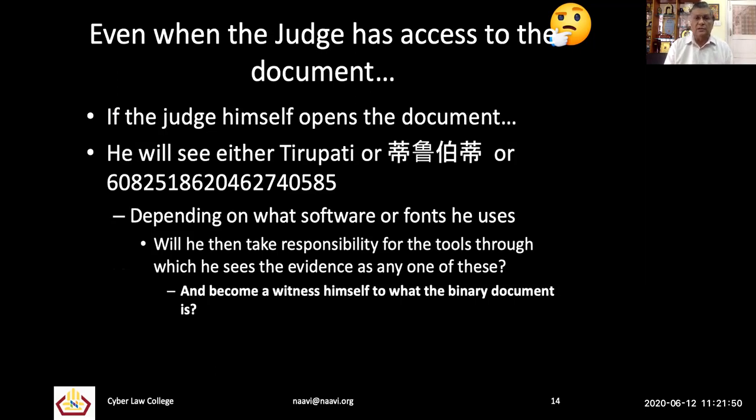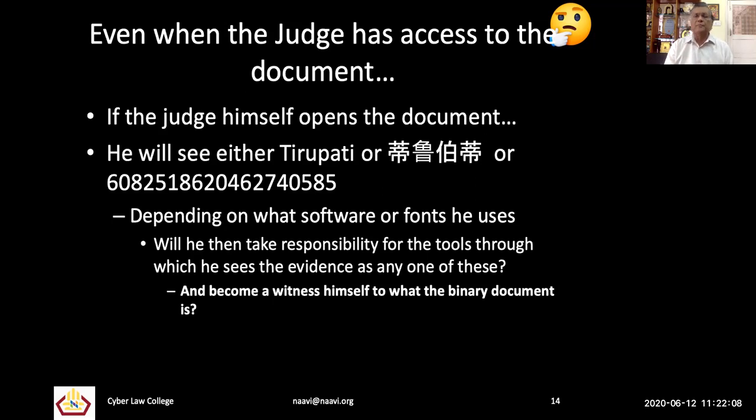Then the question is, will he take the responsibility for the tools through which he sees the evidence, and then come to a decision that this is only this number, nothing else, or this is only Tirupati, nothing else?